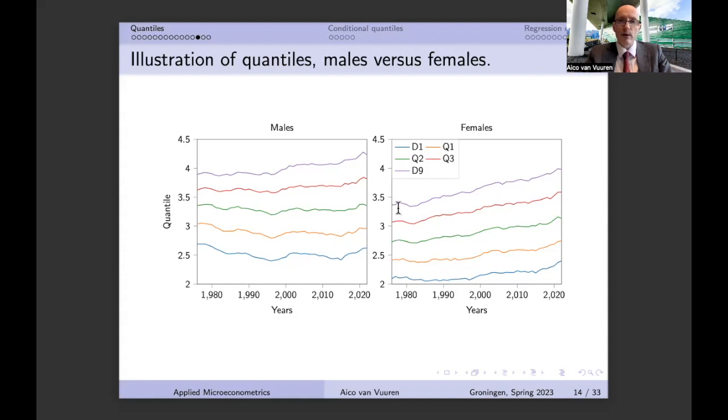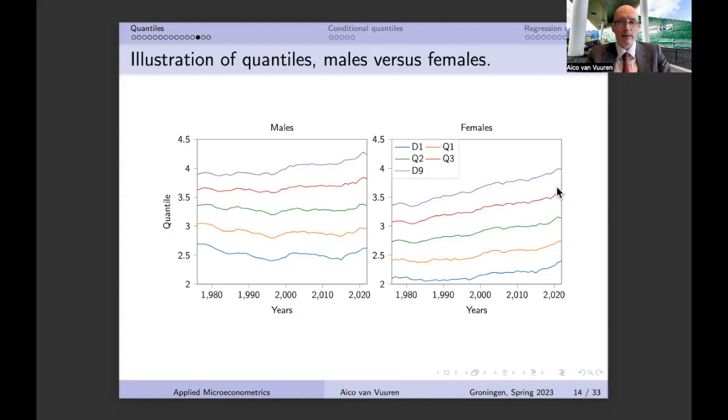And as we look more at the top, especially at D9 and Q3, we see that since the early to mid-80s there has been quite a sharp increase in the wages of females.